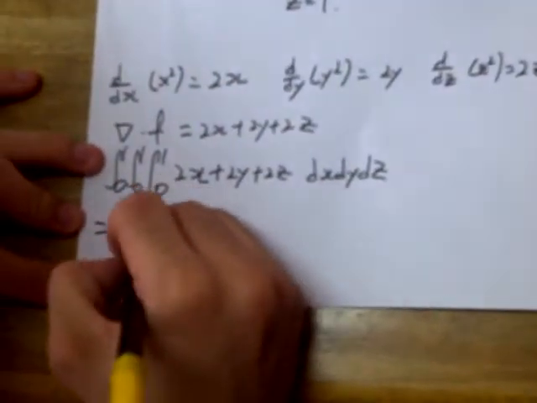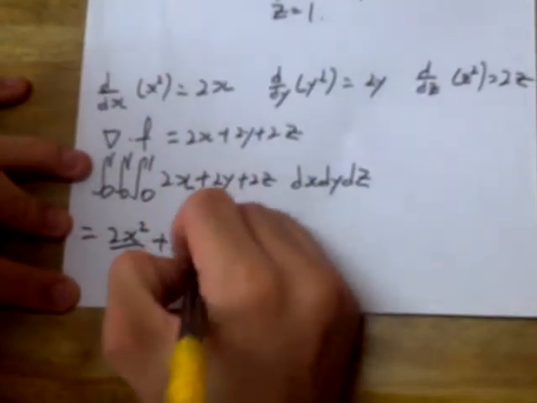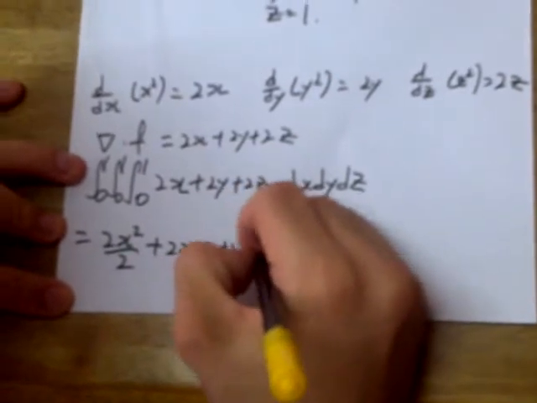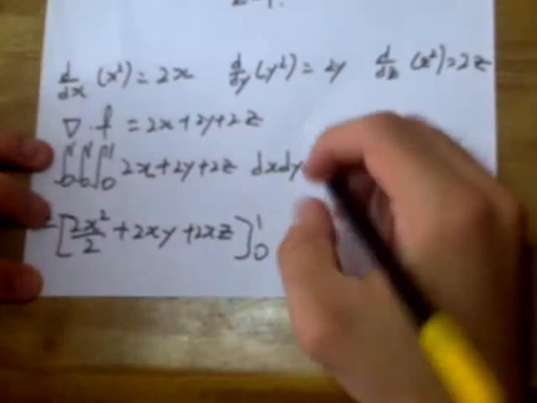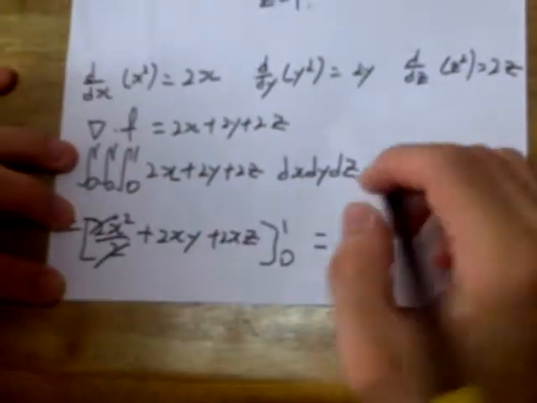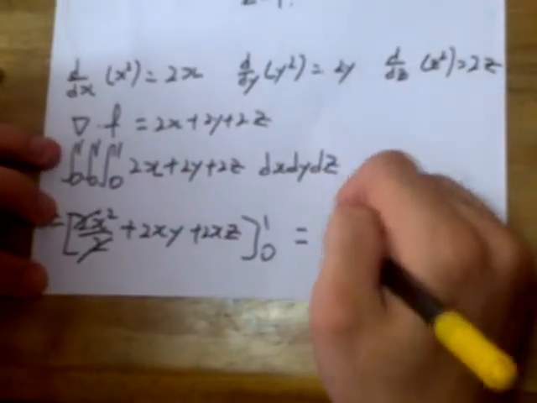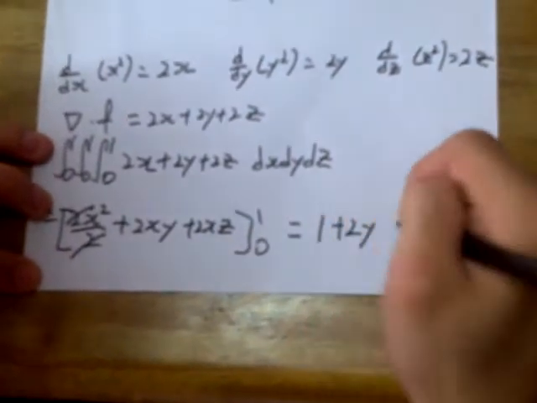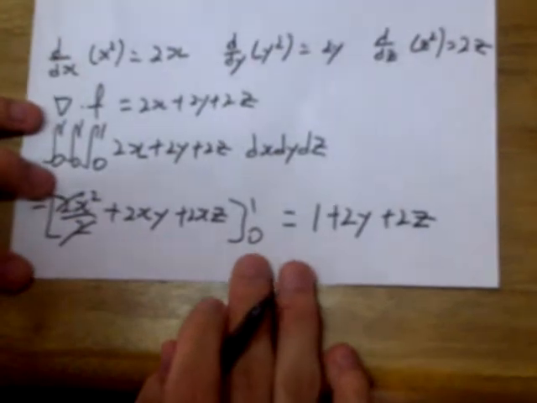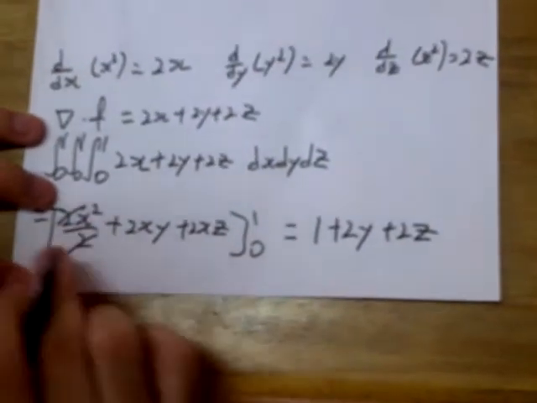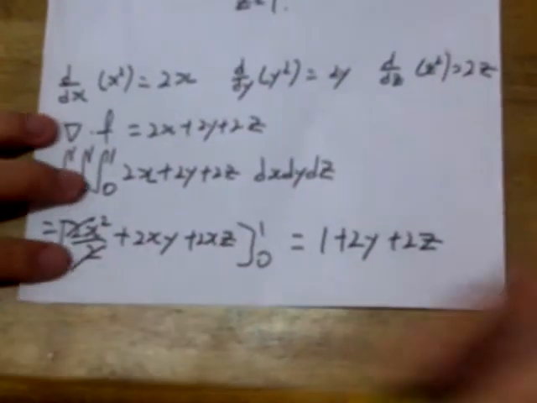2x squared over 2 plus 2xy plus 2xz between 1 and 0 is equal to, cancel, so 1 plus 2y plus 2z, because we don't have to substitute 0, as all the parts become 0.